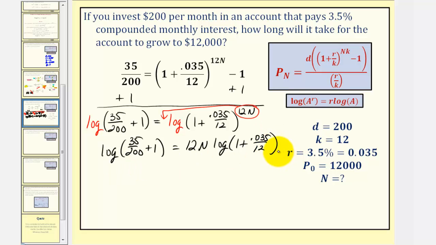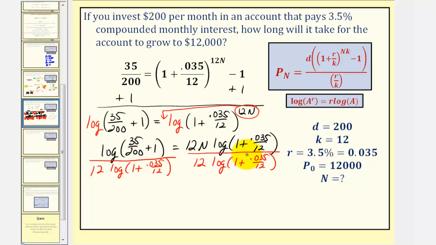And now we can actually solve for n. If we want to isolate n, we don't want this 12 here, or this log, which means we can now divide both sides by 12 log of the quantity 1 plus 0.035 divided by 12. And this will give us the value of n.